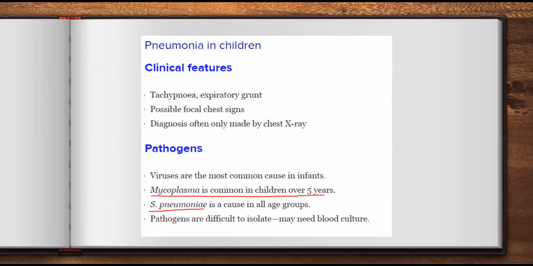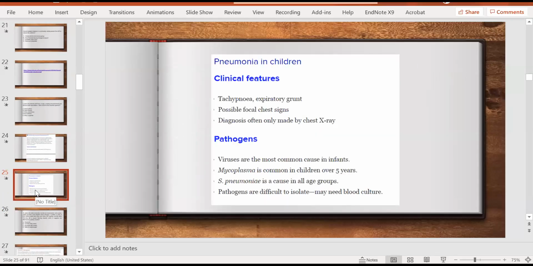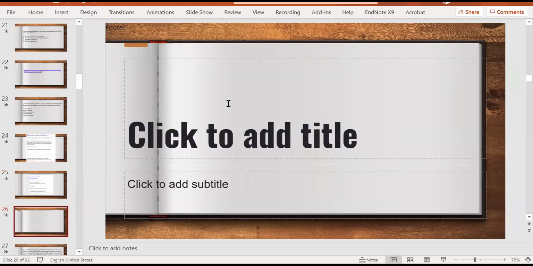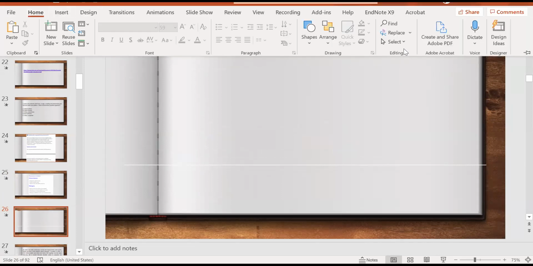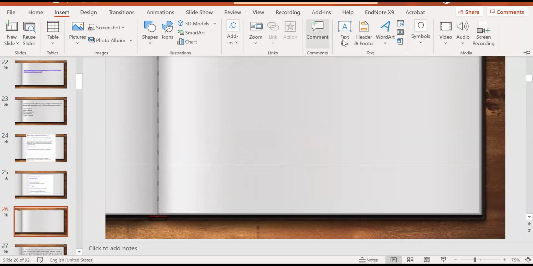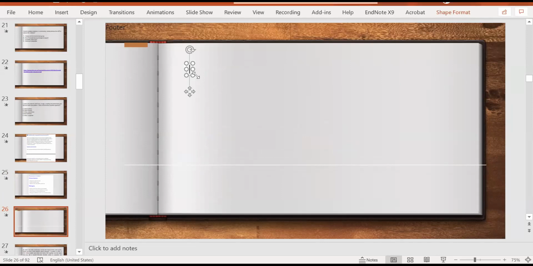Now, because I came into pneumonia, let's discuss a little bit about pneumonia investigation and management, because that's super important for your exam. So, pneumonia in children, what should we know about it?